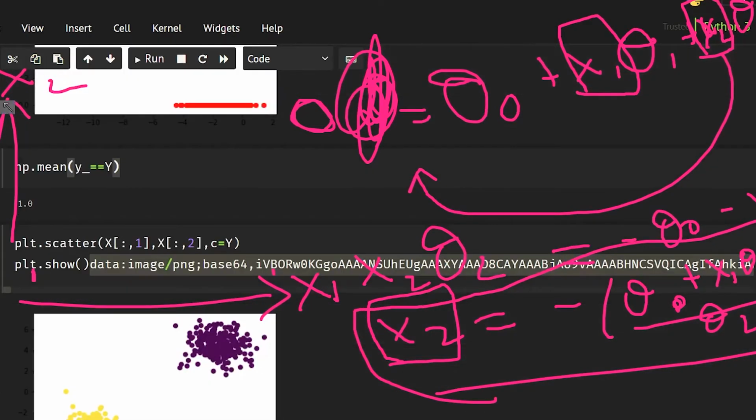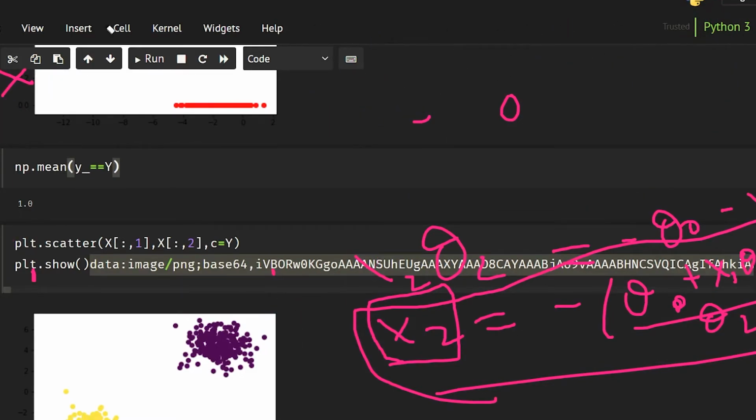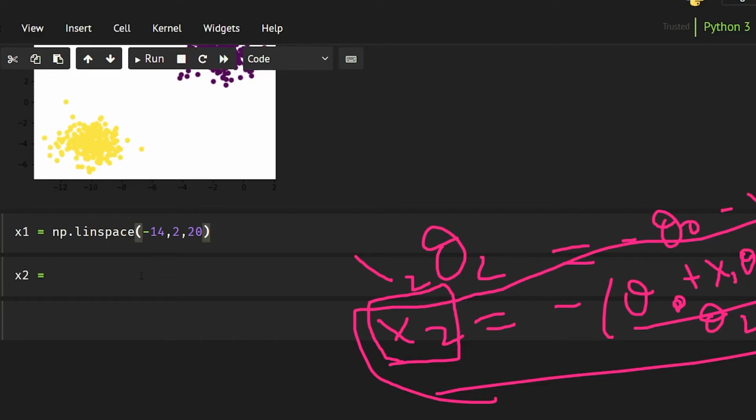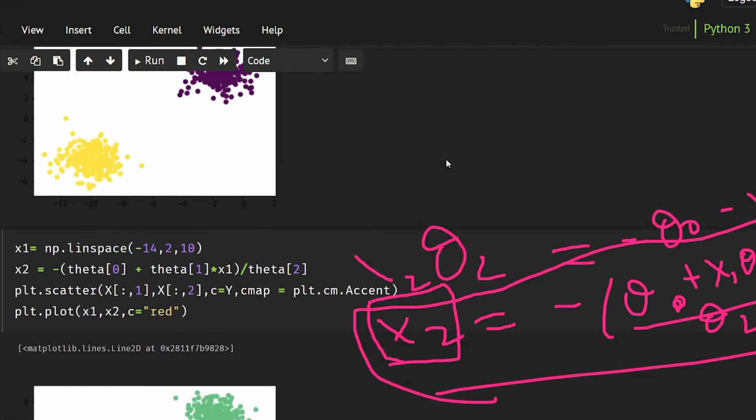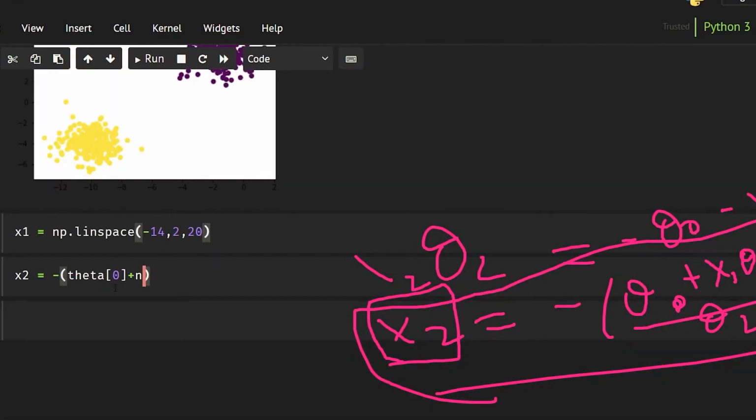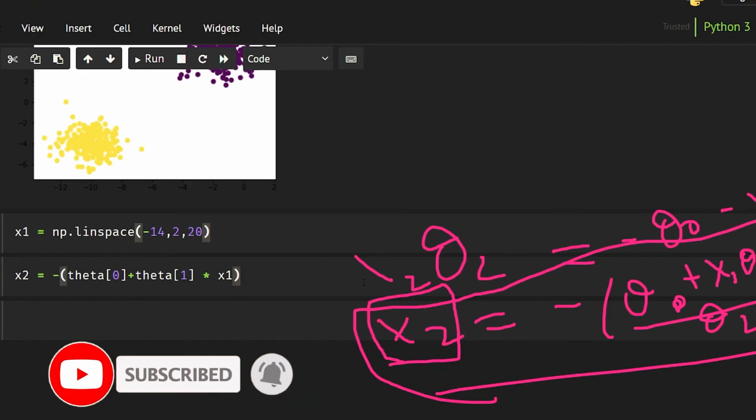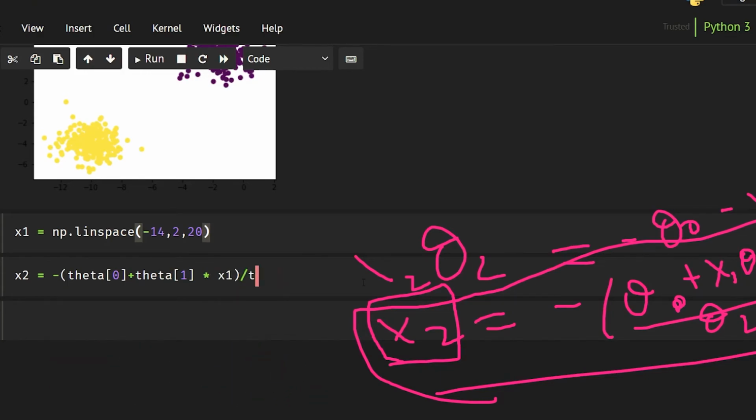So x2 is going to be minus theta 0, then we subtract theta 1 multiplied with x1, and then we divide this value by theta 2. So it should give us x2, and we have this.